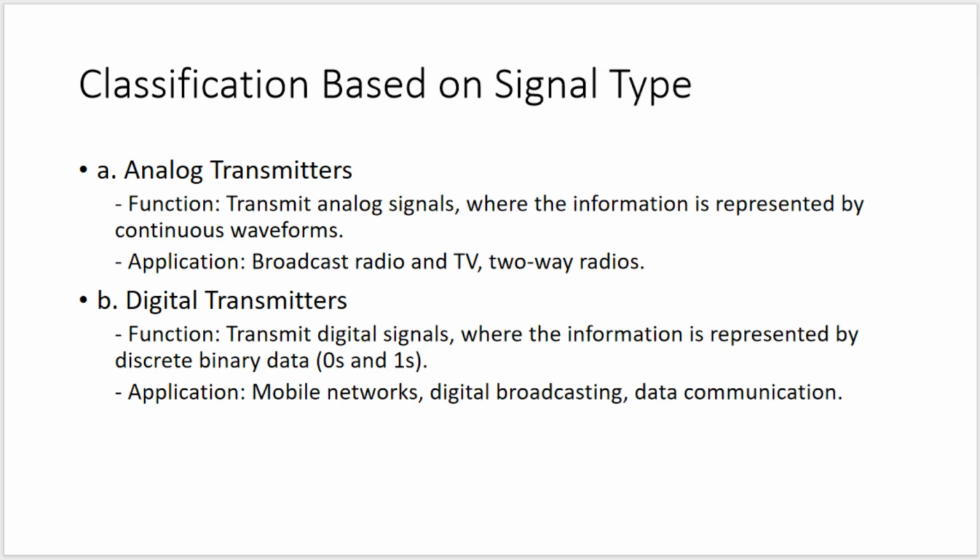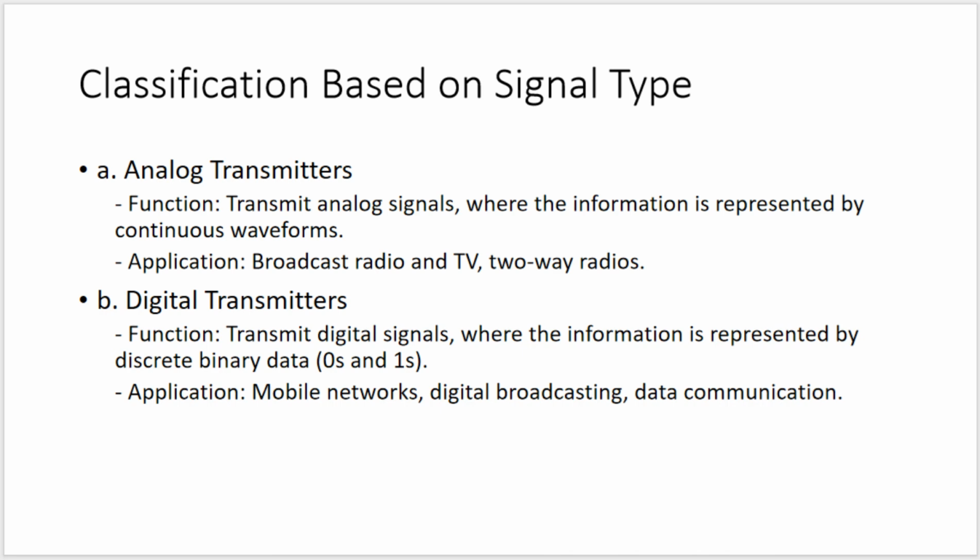First, based on the signal type. As we studied before, there are analog transmitters and digital transmitters. An analog transmitter transmits analog signals, where the information is represented by continuous waves. Its applications are broadcast radio and TV, and two-way radio.